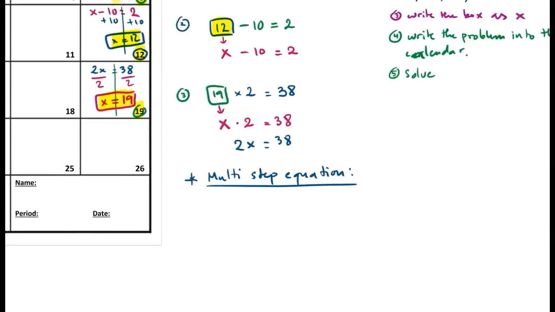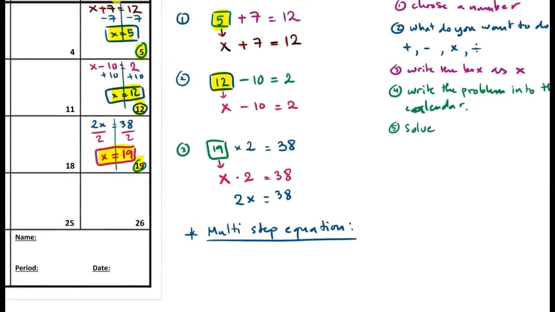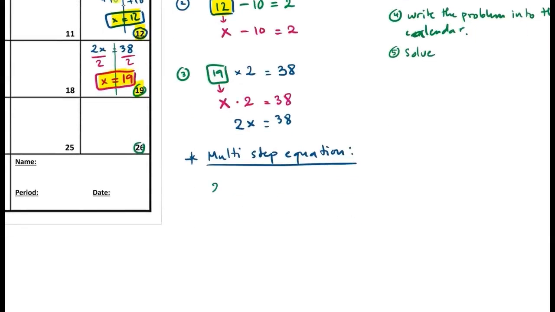Okay, same idea. We're gonna pick a problem. Let's say I pick 26. Alright, so I put 26 in the box. Now I can do something more than just add or subtract. Let's say I multiply it by 3. And then I want to minus this by 10.